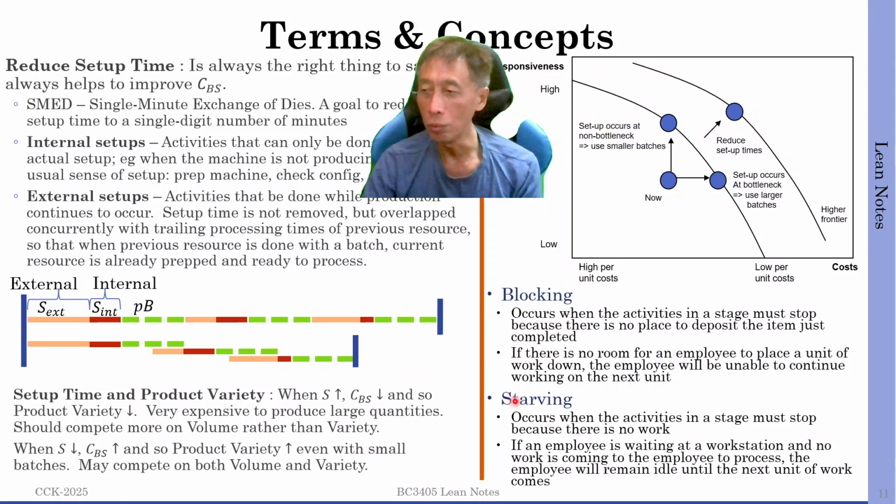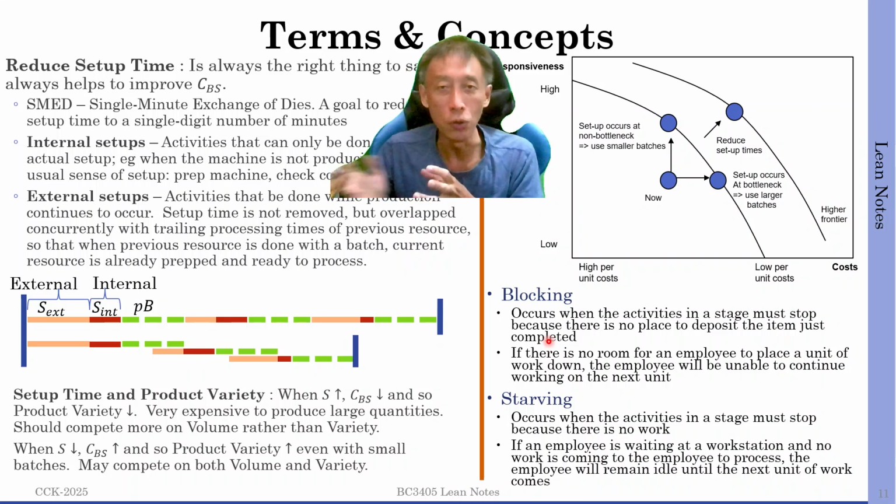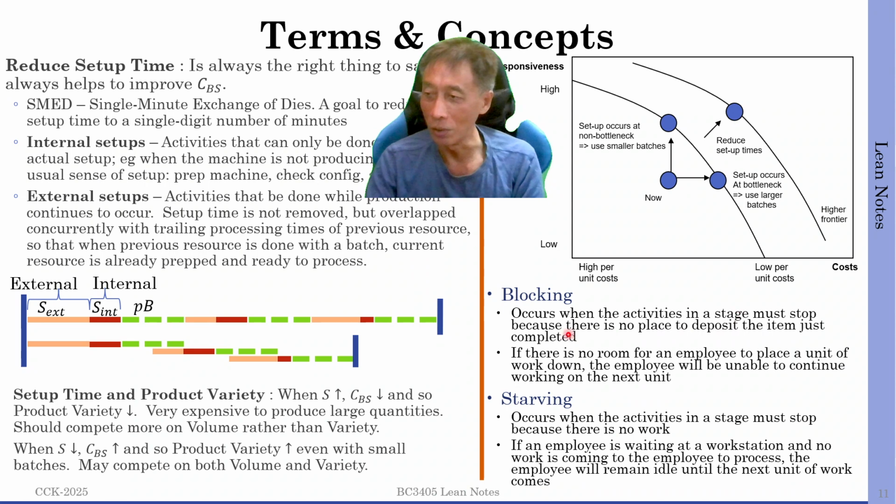Lastly, two terms that we use to talk about bottlenecks in particular. First, blocking. What is blocking? It occurs when the activities in the stage must stop because there's no place to deposit the item just completed. So when there's blocking, usually at the bottleneck, you have a lot of things that are processed but cannot be output, because there's no place to deposit the finished good.